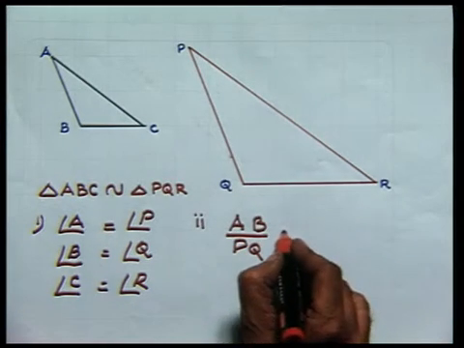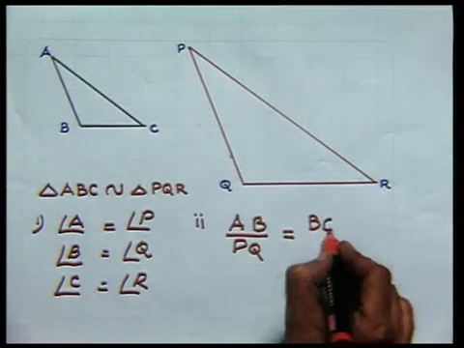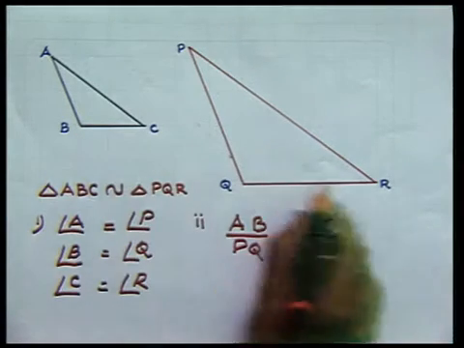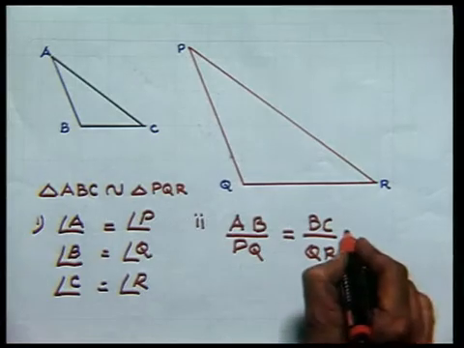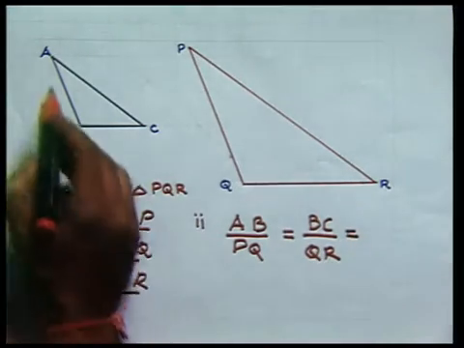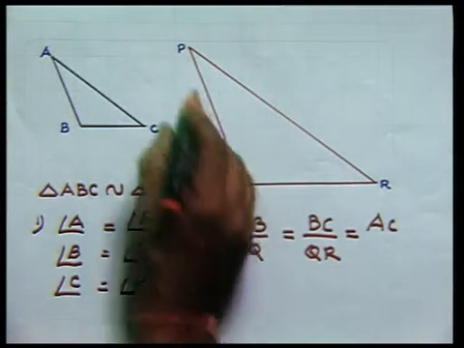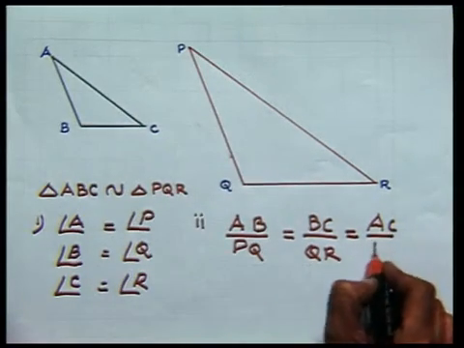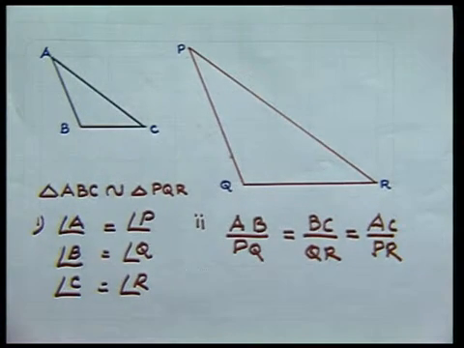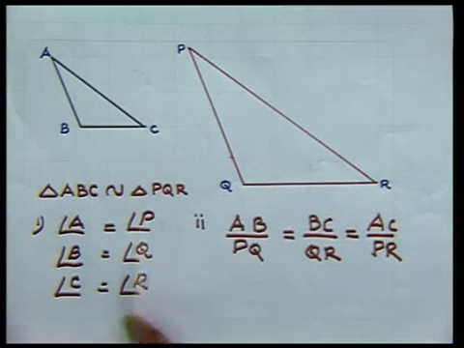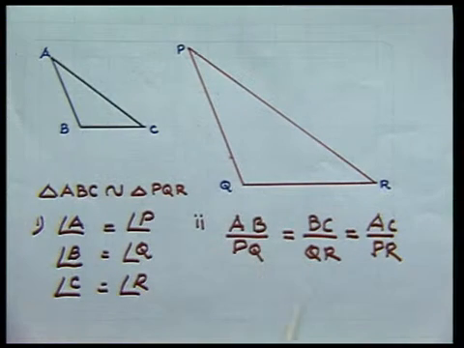This ratio will be equal to BC upon QR, since the side corresponding to BC is QR, and this ratio will be further equal to AC upon PR. So here we find that when two triangles are similar, the corresponding angles are equal and the corresponding sides are proportional.